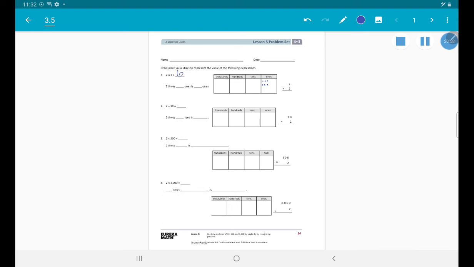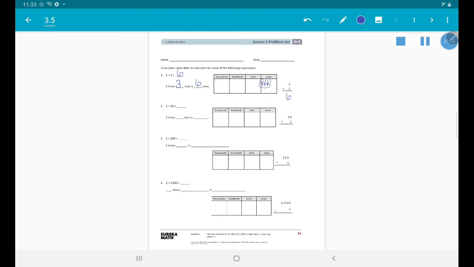If I count those, one group of 3 is 3, two groups of 3 makes 6. So let's fill in what they have in word form here. 2 times 3 ones is 6 ones. And over on the right-hand side, they just wrote the same problem vertically. We know 2 times 3 is 6.